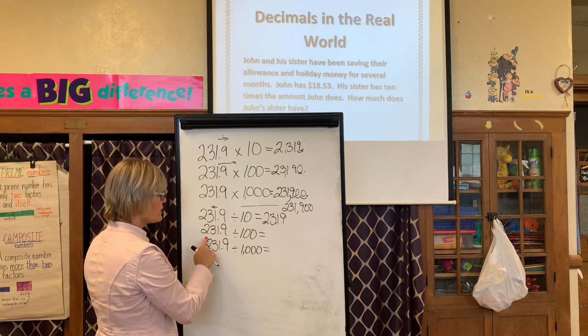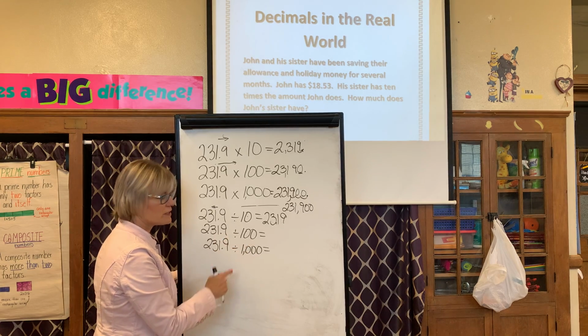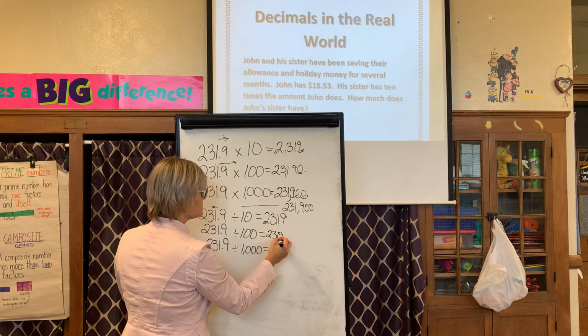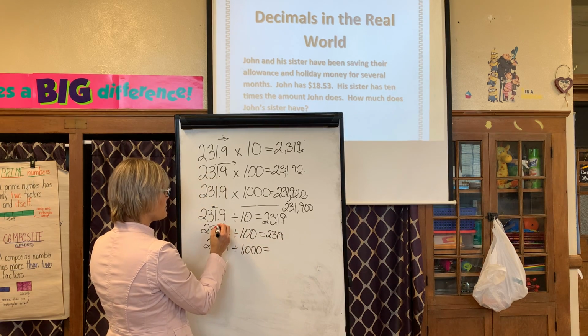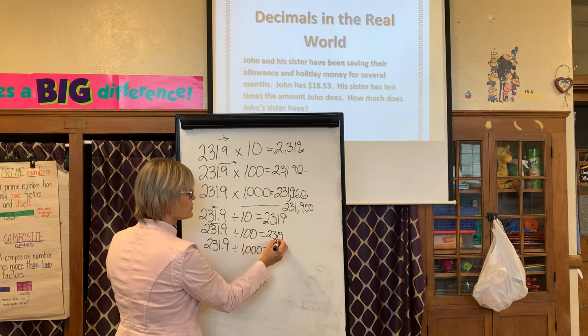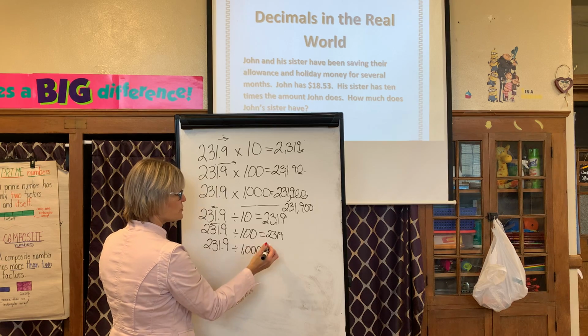All right, so here we are, 231 and 9 tenths divided by 100. So this time I'm going to write the original number. This time I'm going to move 1, 2 places. So I'm moving the decimal 1, 2 places. So I can erase where the decimal originally was.